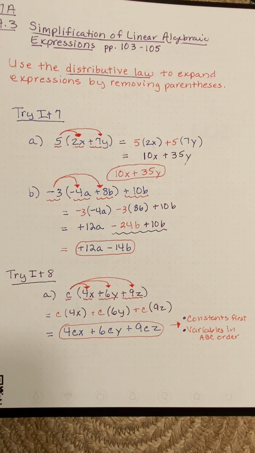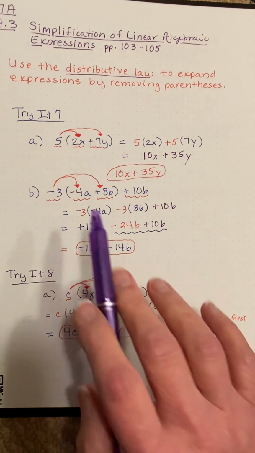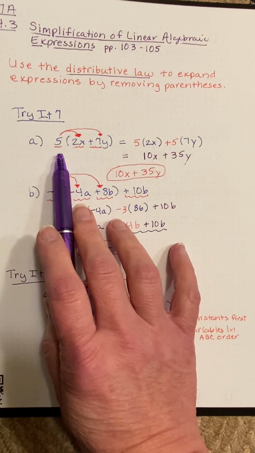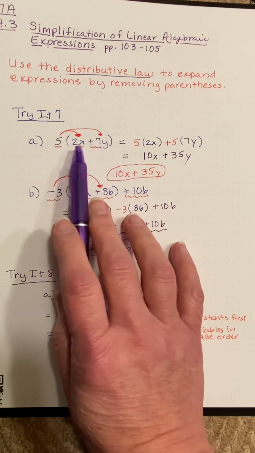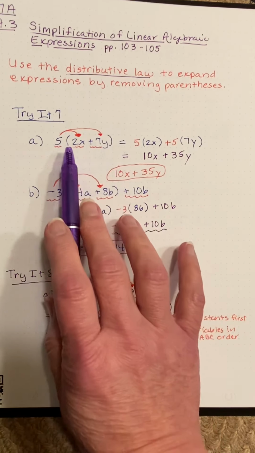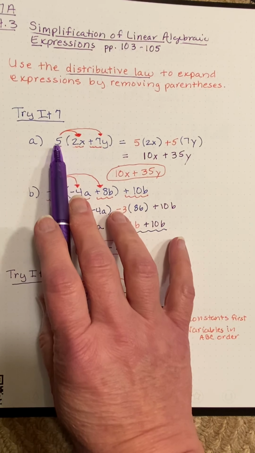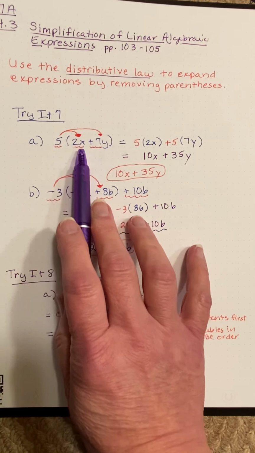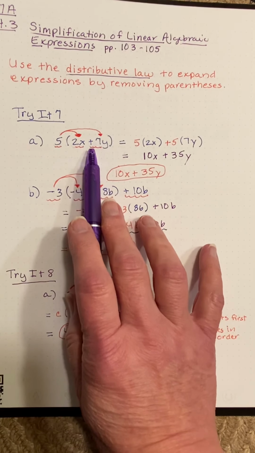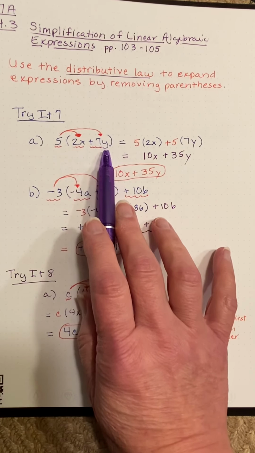We will move right along to Try It 7, letter A, which gives us the problem of 5 times, in parentheses, 2x plus 7y. We are going to use the distributive property to distribute the positive 5 to the positive 2x and also to the positive 7y.